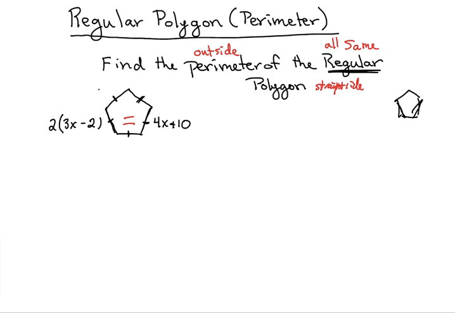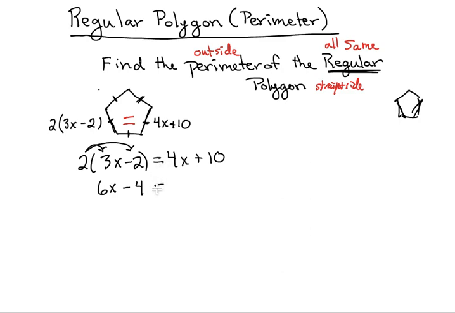So we can write an equation with these two side lengths: 2 times the quantity 3x minus 2 equals 4x plus 10. Once they're equal, we can solve by distributing first and getting x by itself on one side. 2 times 3x is 6x, and 2 times negative 2 is negative 4, so minus 4.